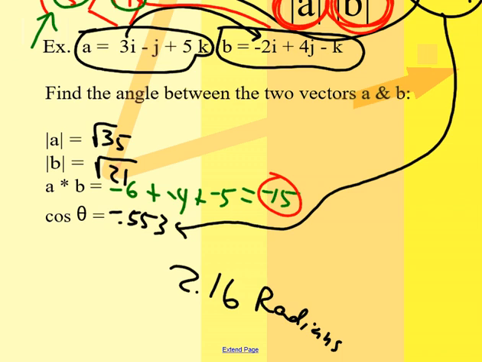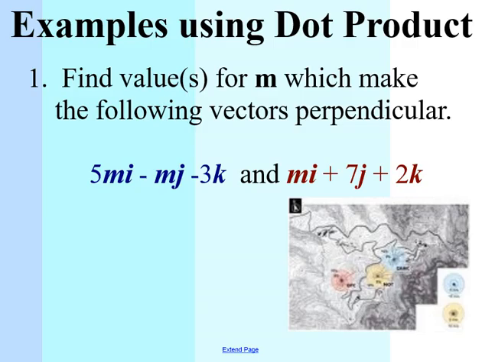You move them together, you can see the angle. But these vectors might be out in space, not touching each other, and they can still have an angle between them. You can move them as long as you keep them moving in the same direction and same length. You can move them together, and then you'd have the angle between them. Okay, so that's how to find the angle between two vectors.